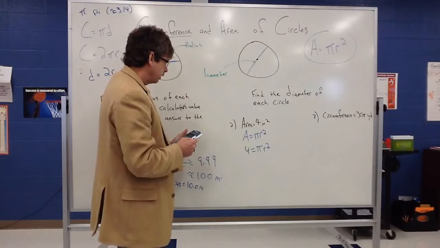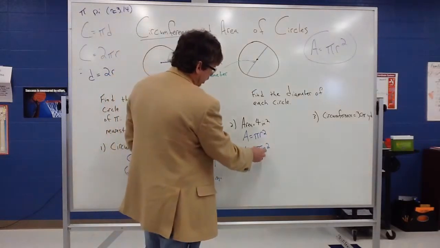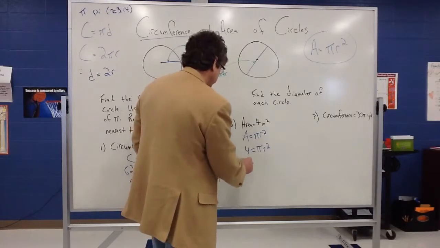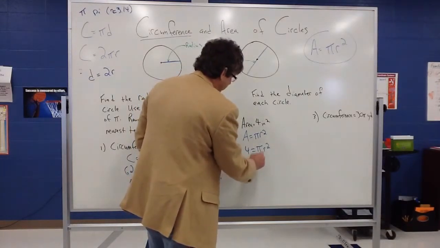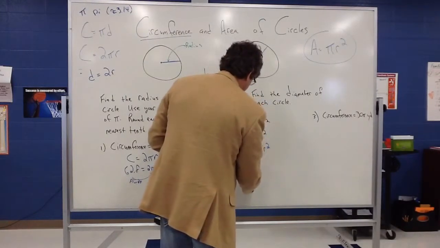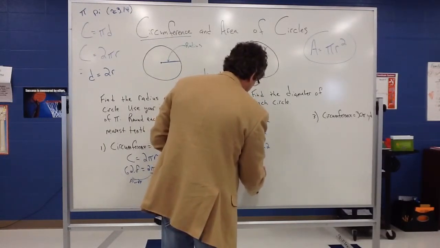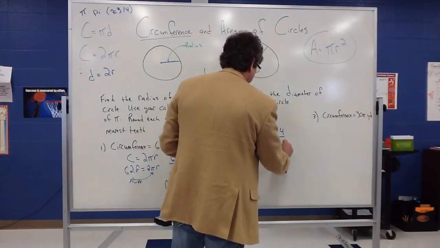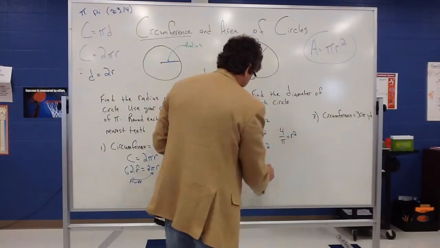And we can then get the r squared by itself by dividing the 4 by pi. So I can actually work backwards and say divide. So that 4 divided by pi is going to equal r squared.